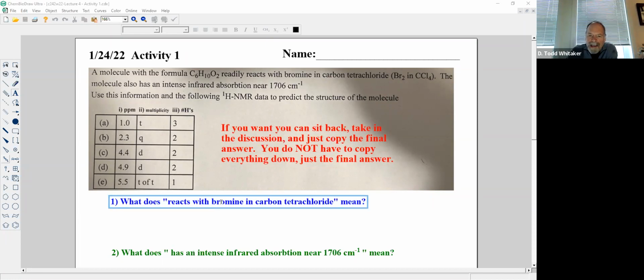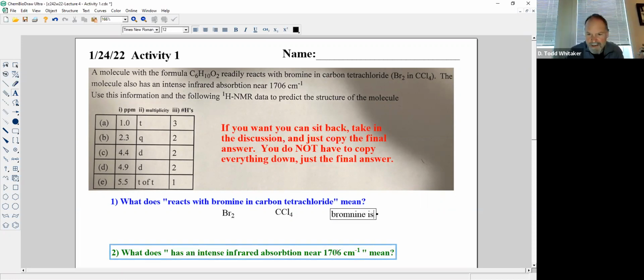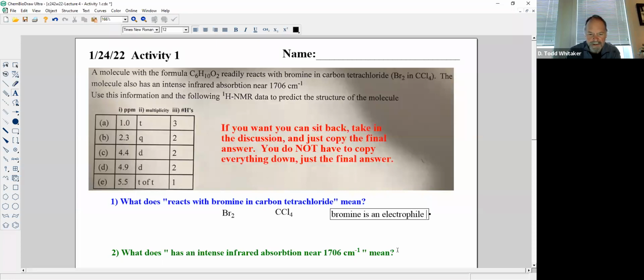Things that react with bromine in carbon tetrachloride, which means bromine, which is Br2, in carbon tetrachloride, which is CCl4, that's a solvent. Bromine is an electrophile that reacts readily with alkenes and/or alkynes.